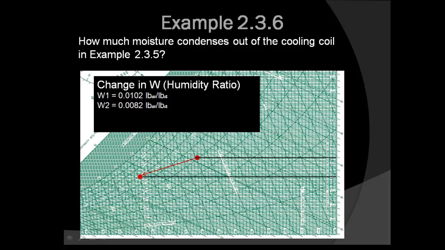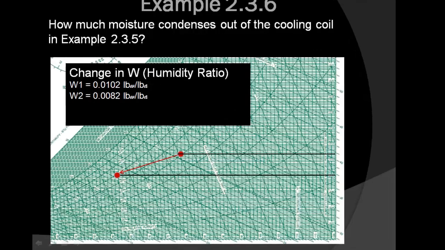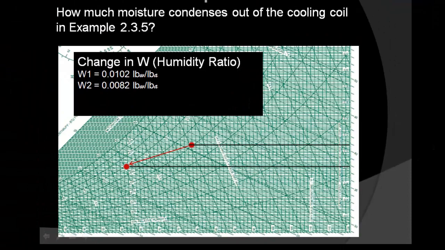The humidity ratio entering the coil at the entering conditions can be found on the psychrometric chart as about 0.0102 pounds of water per pound of air. And the humidity ratio leaving the coil is about 0.0082. To find the rate of condensation in pounds of water per hour, we multiply the mass flow rate of the air by the change in humidity ratio.